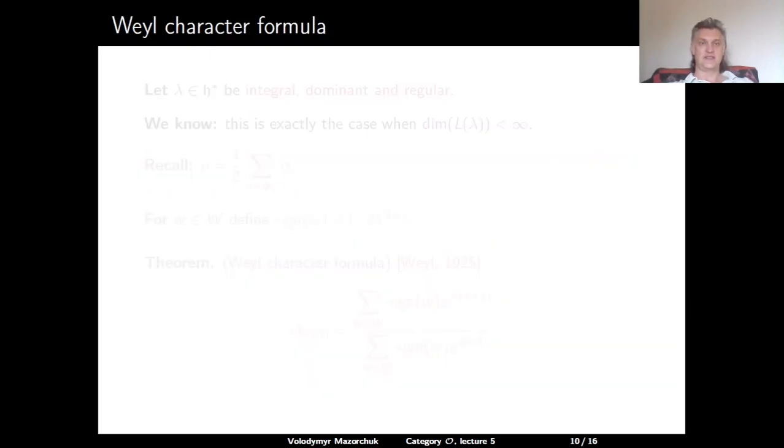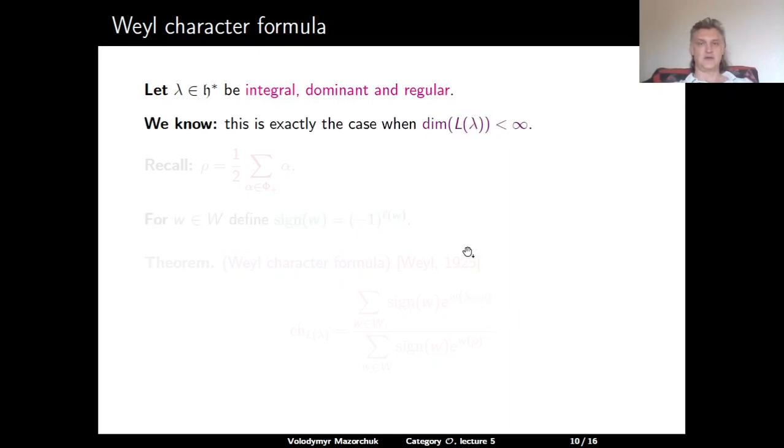Today we will discuss a special case of the answer, and this is the answer for simple highest weight modules corresponding to integral, dominant, and regular weights. And we know that this is exactly the case when the corresponding simple highest weight module is finite dimensional.